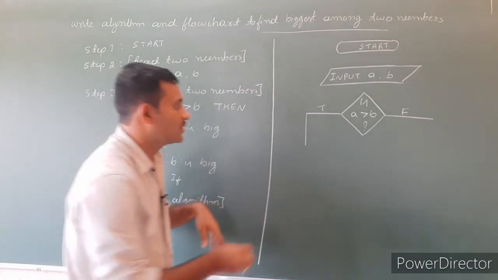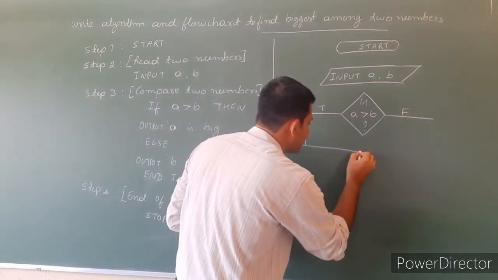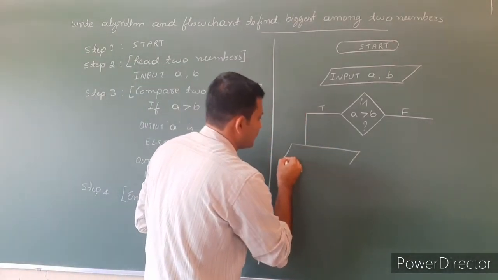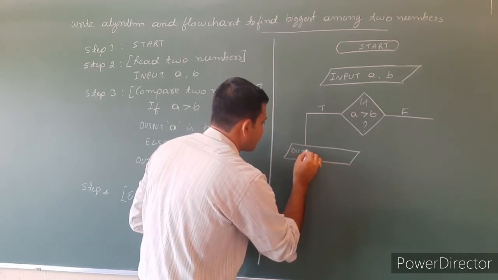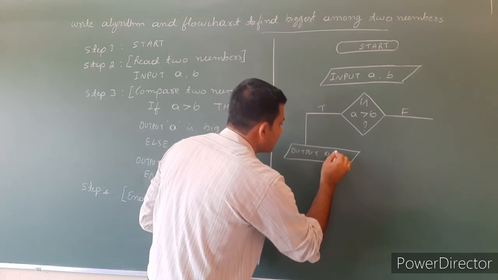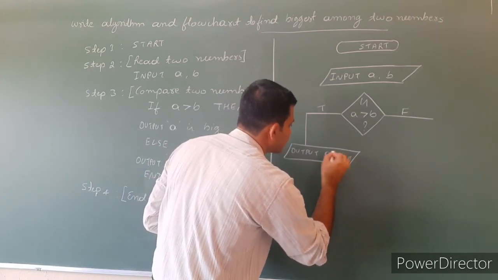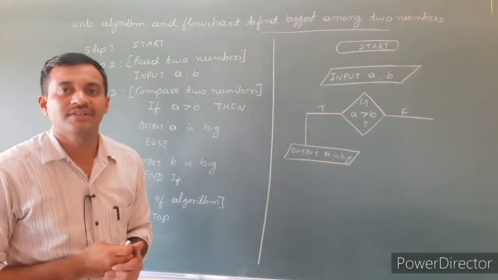How to represent output? Again we write a parallelogram. Inside that write output A is big.